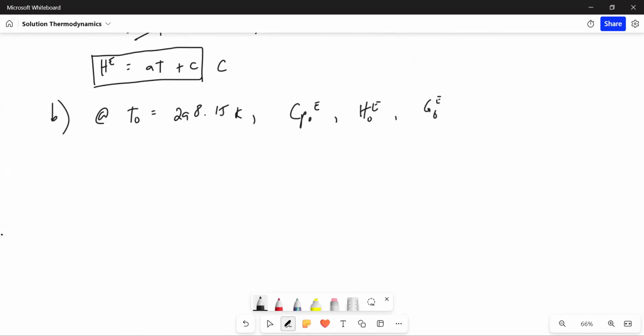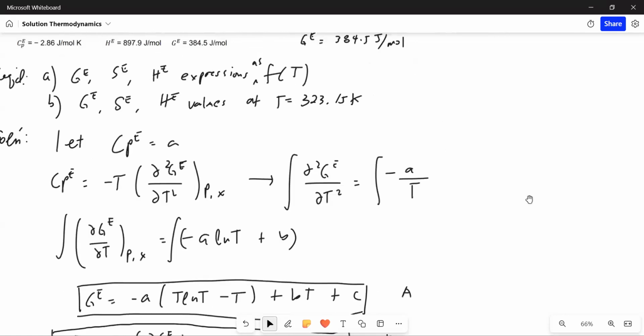Going back to CP, since CPE is T independent, then CP is just equal to CPE naught, and it's equal to the given 2.86 joule per mole Kelvin. So this is given right here.